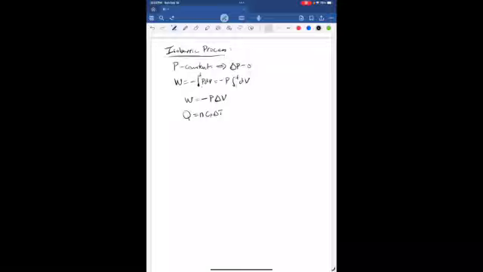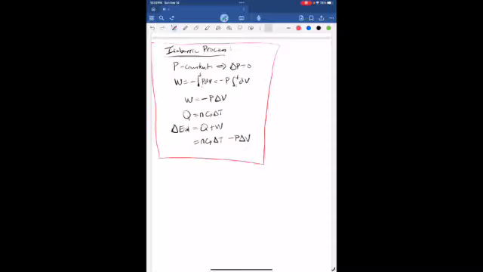Now if we put both of these into the first law of thermodynamics, we find that the change in internal energy is equal to the heat plus the work. So therefore, it's equal to n Cp delta T minus P delta V. And that is everything we learned about an isobaric process.